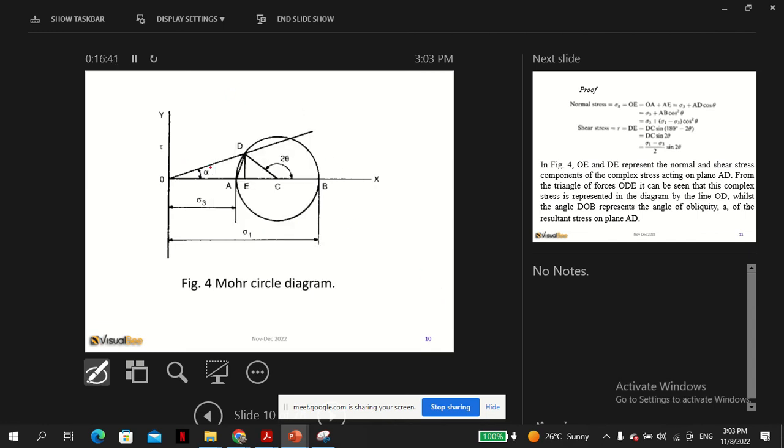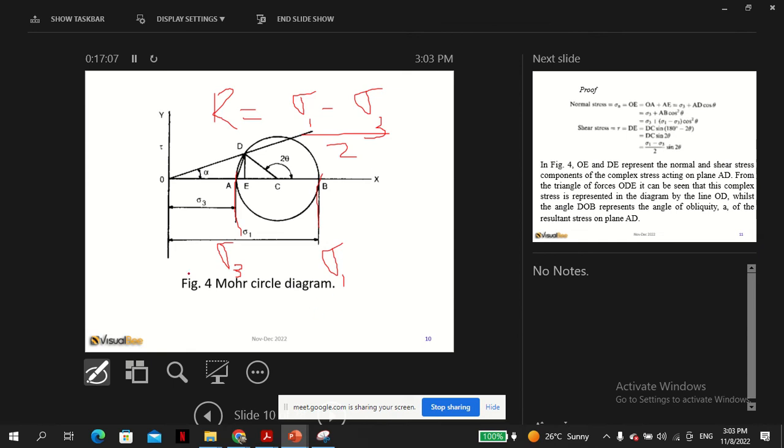that this is sigma 3, and this is sigma 1. The radius of that circle is sigma 1 minus sigma 3 over 2.